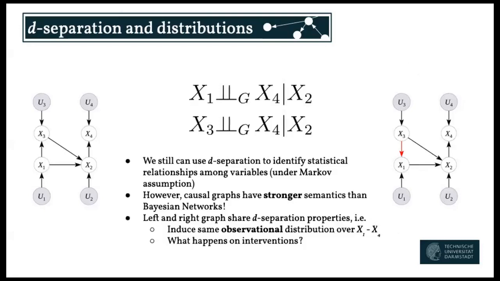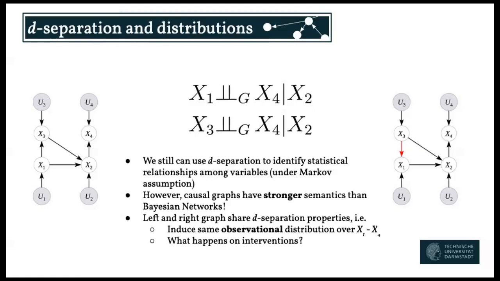You've already heard about d-separation, I think. So all the d-separation properties you've seen in former lectures still hold here. If you look at this example graph again, the d-separation properties basically tell you these independencies.